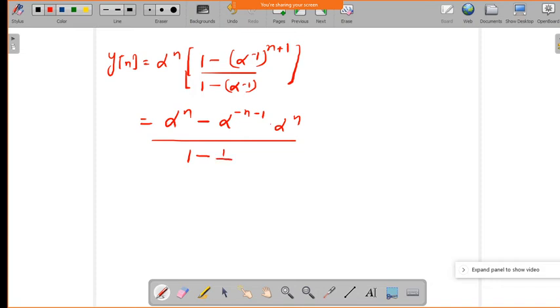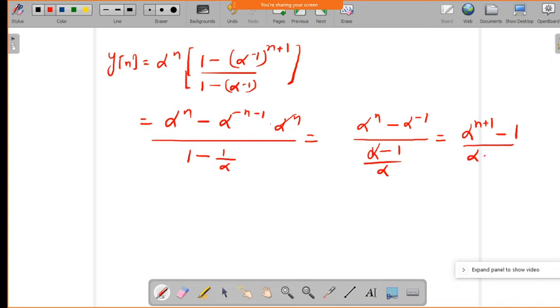This you can express as 1 over 1 minus 1 over alpha. So now alpha power n will cancel, and you will get alpha power n minus alpha power minus 1, divided by 1 minus 1 over alpha, that is alpha minus 1 divided by alpha. So this will be equal to, taking alpha to the numerator, alpha power n plus 1 minus 1, divided by alpha minus 1.